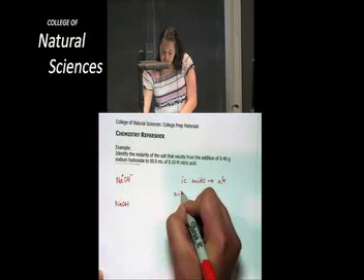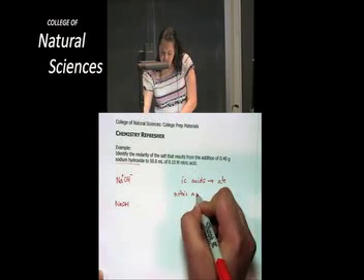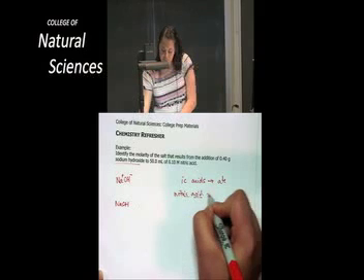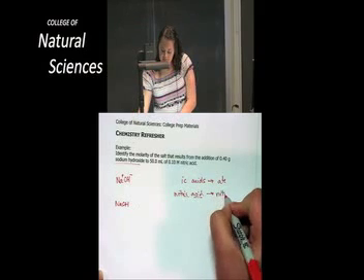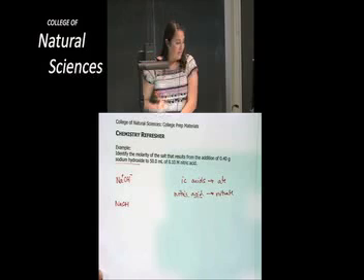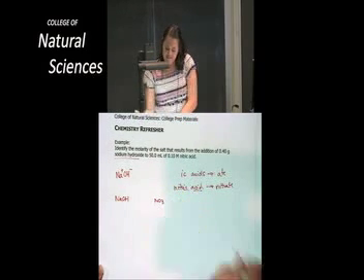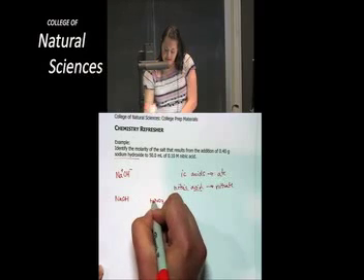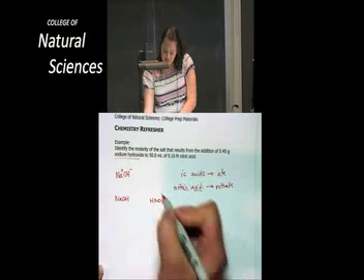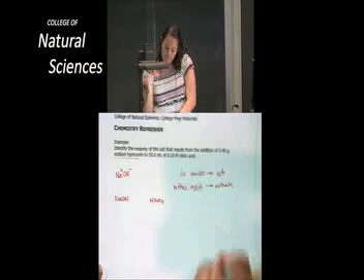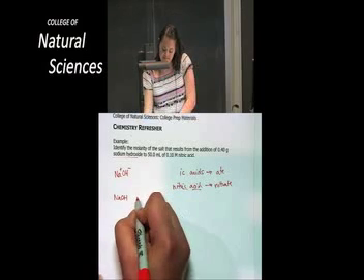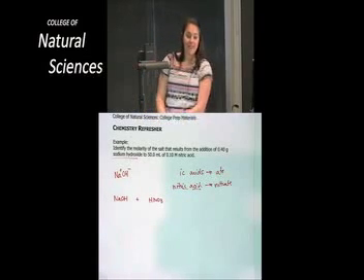So nitric acid would become nitrate. So in the equation, we would have NO3, and since this is an acid, we would have H out front. So HNO3. Okay, so this is the left side, our reactant side.